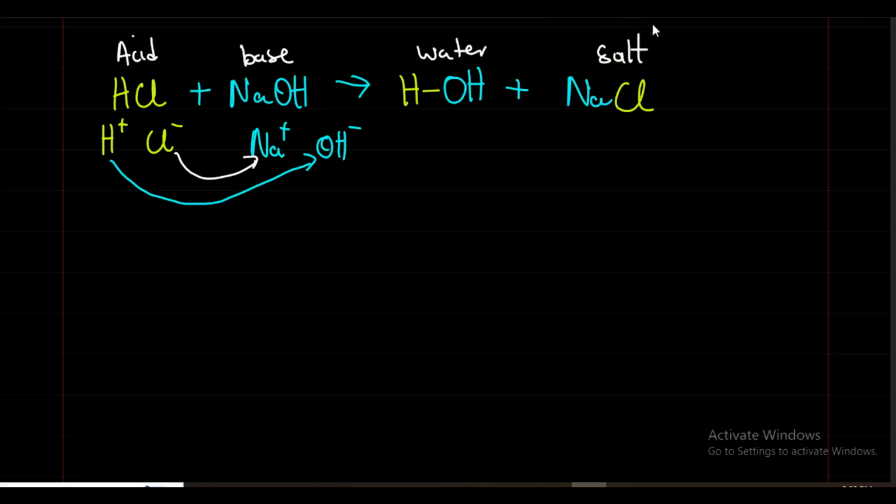Now, an acid is a proton donor. This acid has donated this proton to the OH minus. This OH minus has accepted this proton. Hence, by the definition of Bronsted-Lowry, this base OH minus is a proton acceptor, because it has accepted a proton that was donated by the acid.